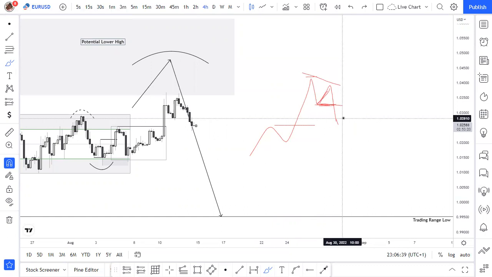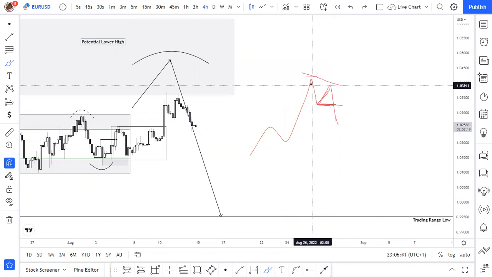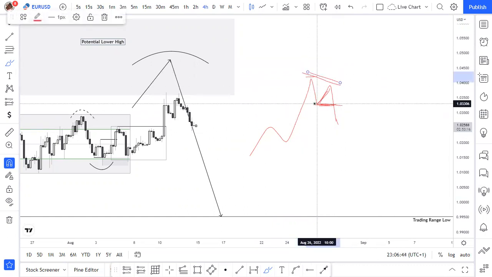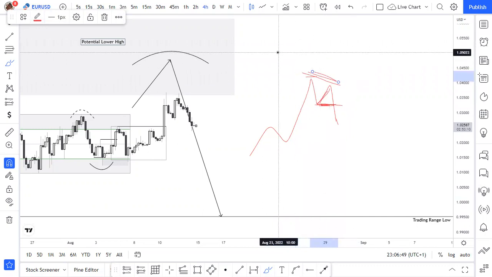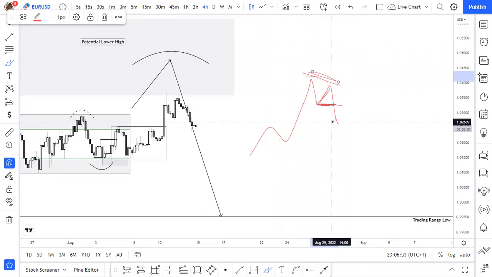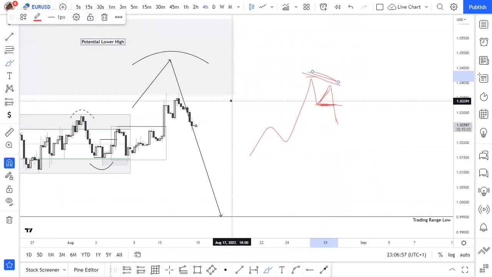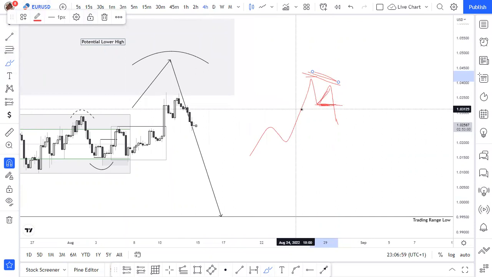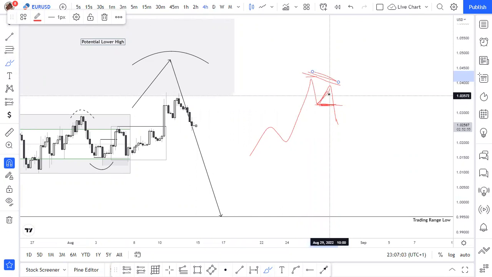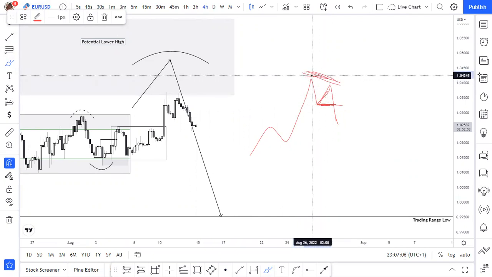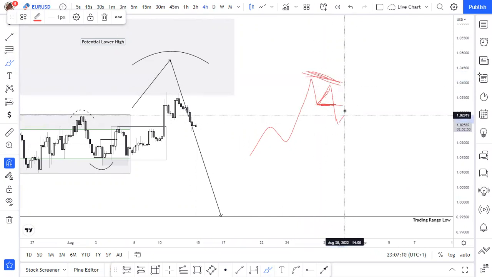So how I normally look at shifts in market structure is, when I have that feeling of a shift, a break below this low and some kind of shift here, I'll try to look at the dollar index and see if there's some kind of divergence between the dollar index and Euro USD. And structurally, based on how I apply structure to shifts in market structure, I want to see price pull back into this range.